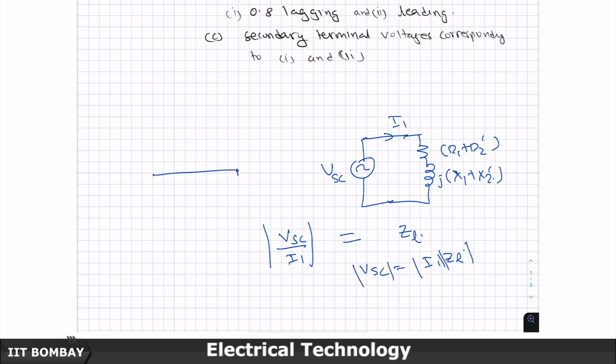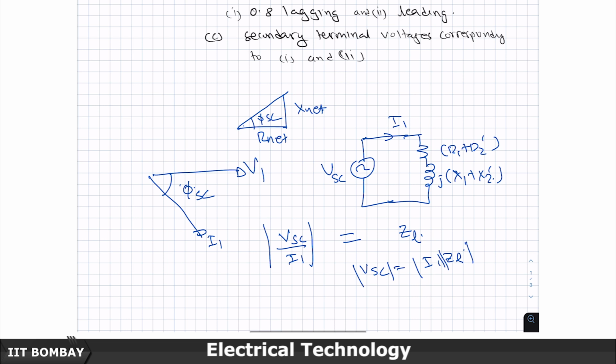And if you look at the equivalent circuit, this is the V1, this is the I1, this current will lag by an angle phi SC, and this phi SC is basically, let me not call it R1, it is R1 plus R2, let me just call it R net, j X net, and this is the phi SC.